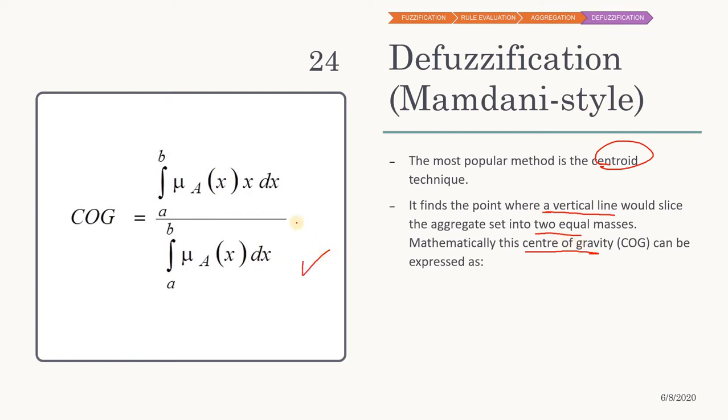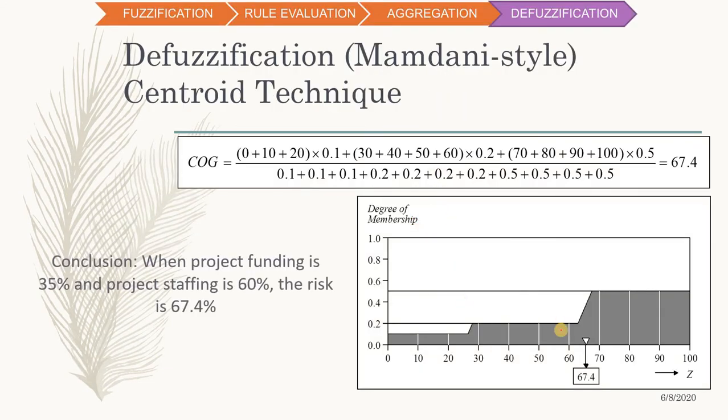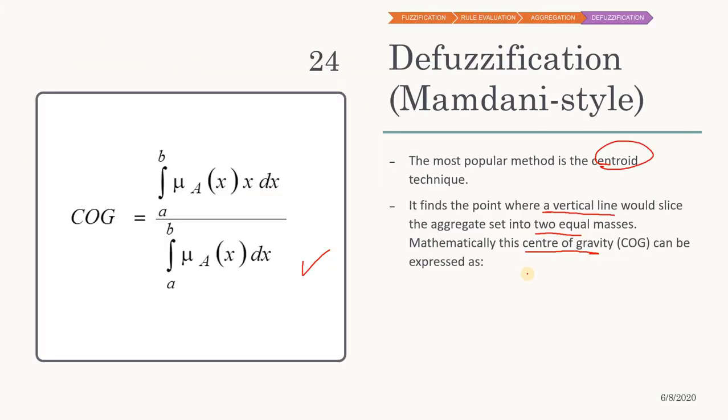COG, center of gravity, is the sum of the degree of membership times the value of your universe of discourse, over all of the degrees of membership that occur in your aggregation.